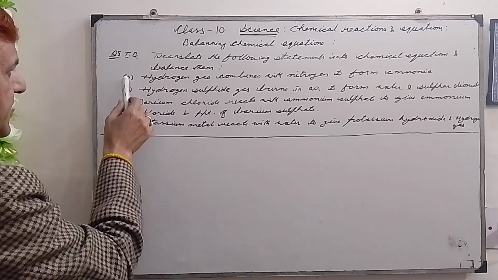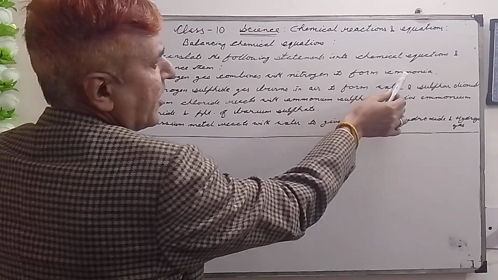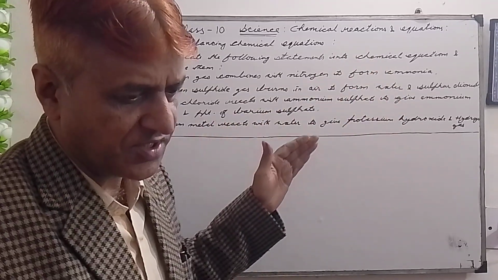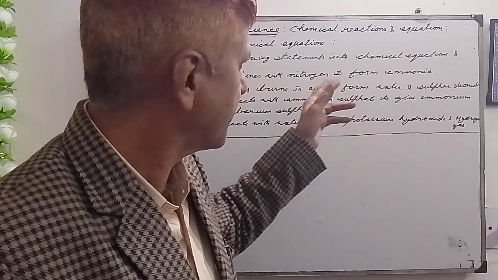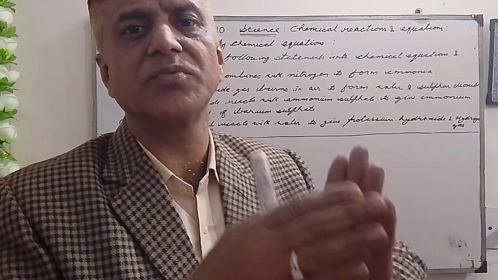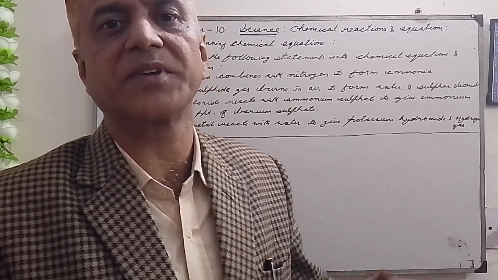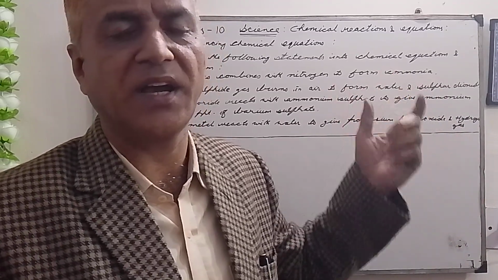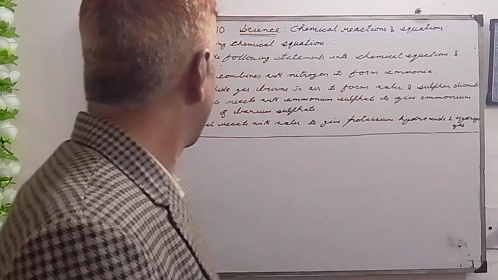For example, A is: hydrogen gas combines with nitrogen to form ammonia. We have been given this statement, and we have to translate this into a chemical equation in terms of symbols and formulas, and after that we will balance this equation.